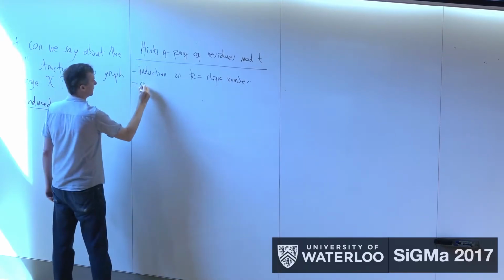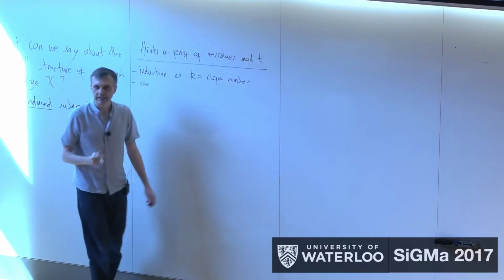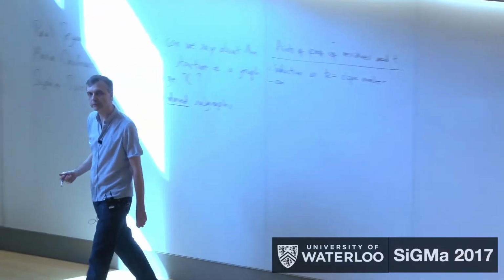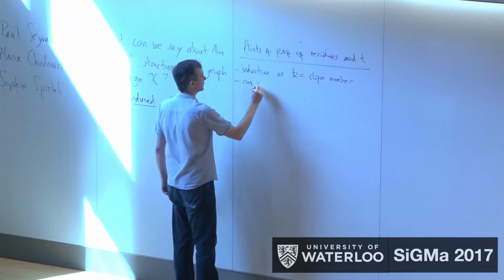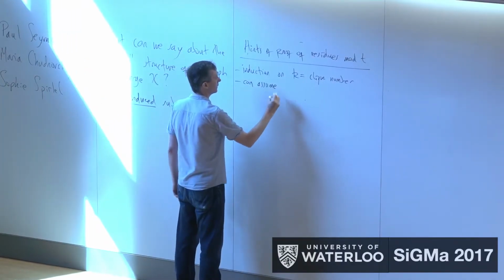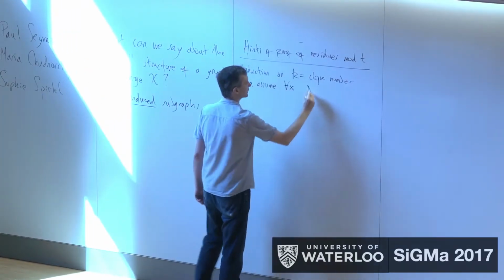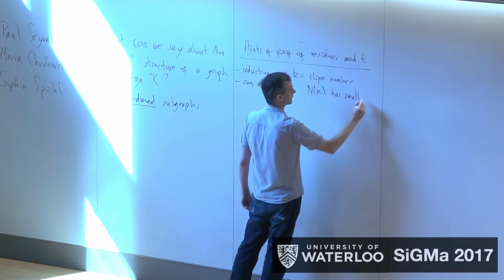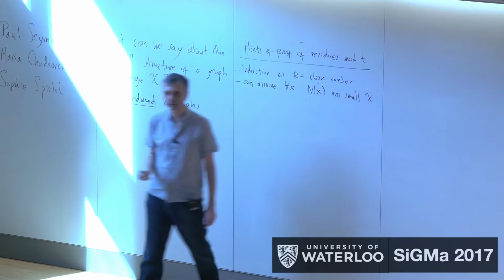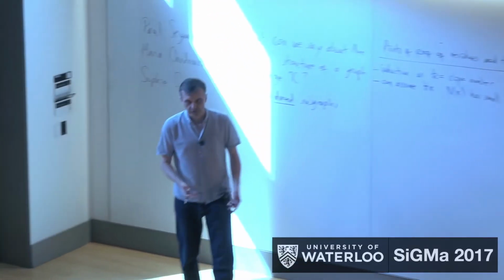And so again, K equals 1 is trivial, so the base case is trivial. So we can assume that for every vertex x, the neighborhood of x has small chi. I hope it's clear, I'm being informal when I say the neighborhood of x, I mean the subgraph induced by the neighborhood of x.